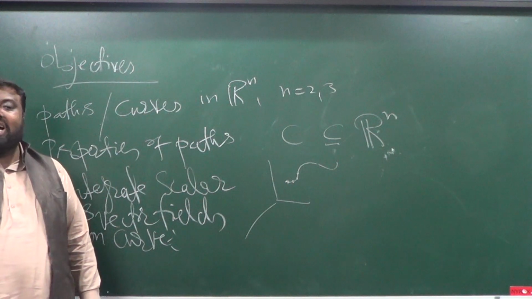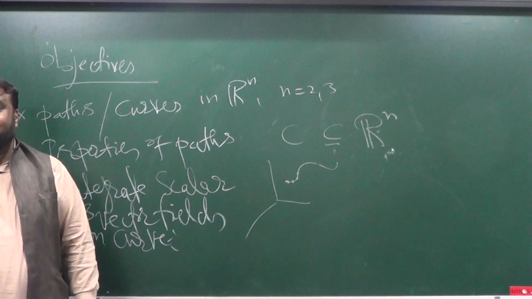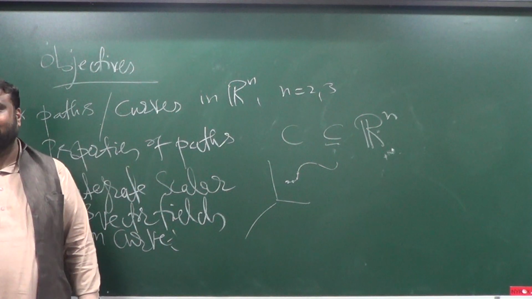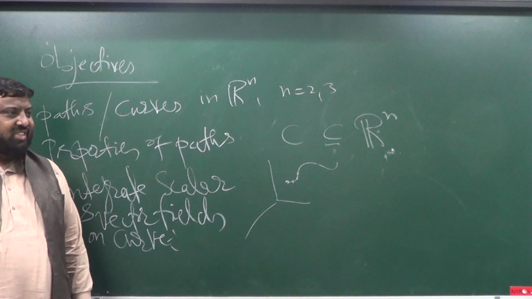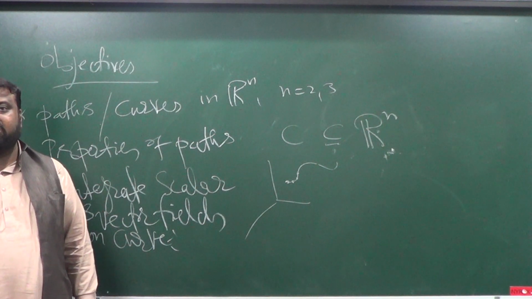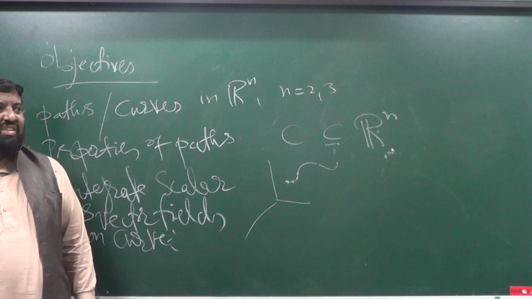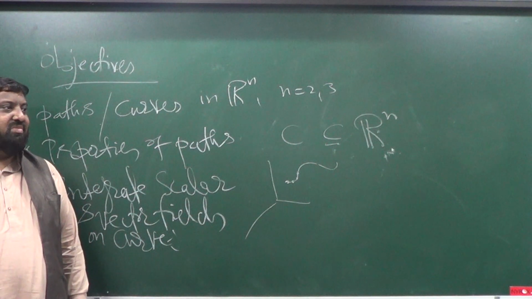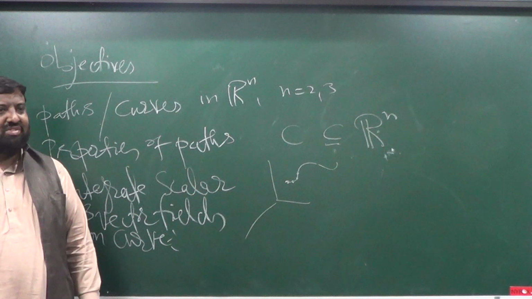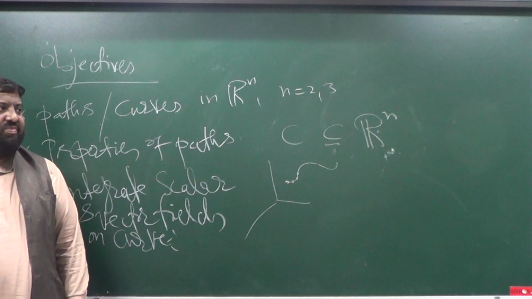Imagine charge is distributed all over the surface. What I'm interested in is how to compute the cumulative charge over the entire surface. Or something is flowing over the surface. How to compute the total flow of it, or flux of it, or velocity, and lots of questions actually.